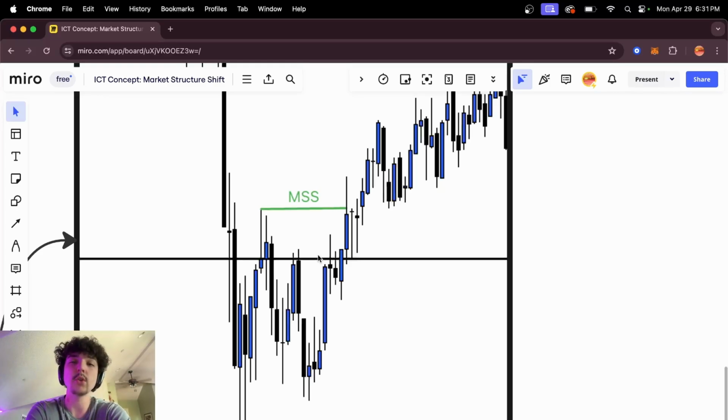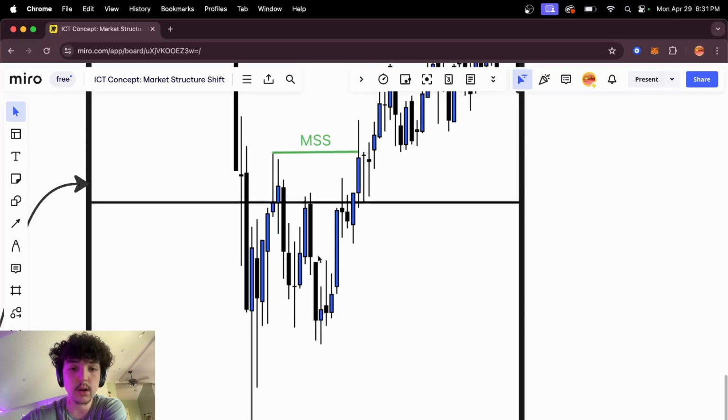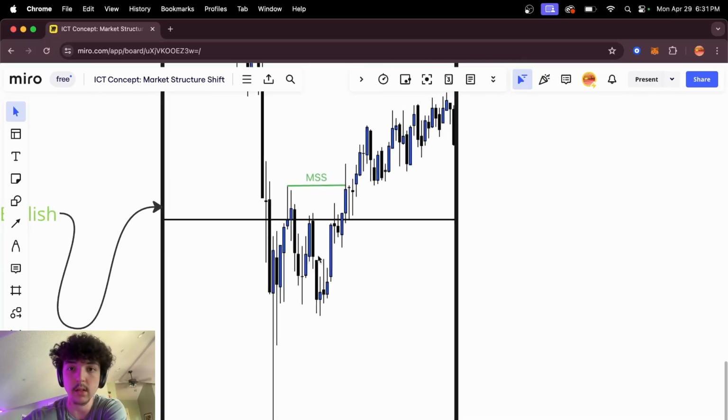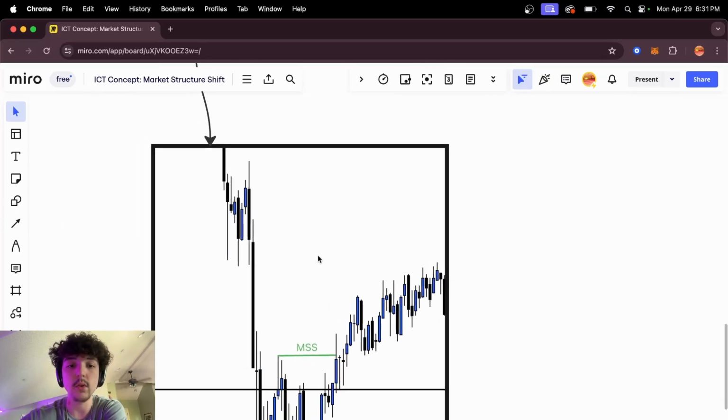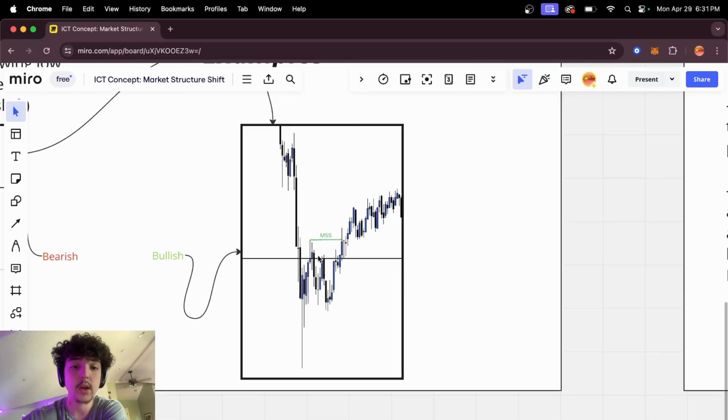If you do use that, which I used in the beginning and still use now, I only have two things checked that it shows, which is market structure shifts and volume imbalances. But yeah, so this is a bullish market structure shift. Obviously, we took a sweep of the lows, and now we are headed to the upside for upside momentum.